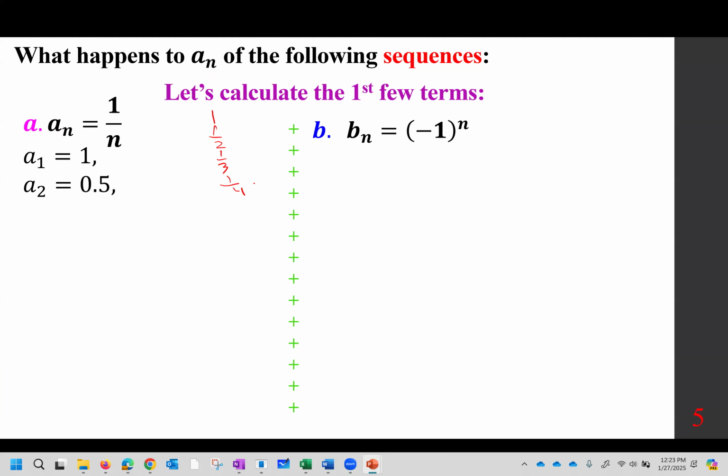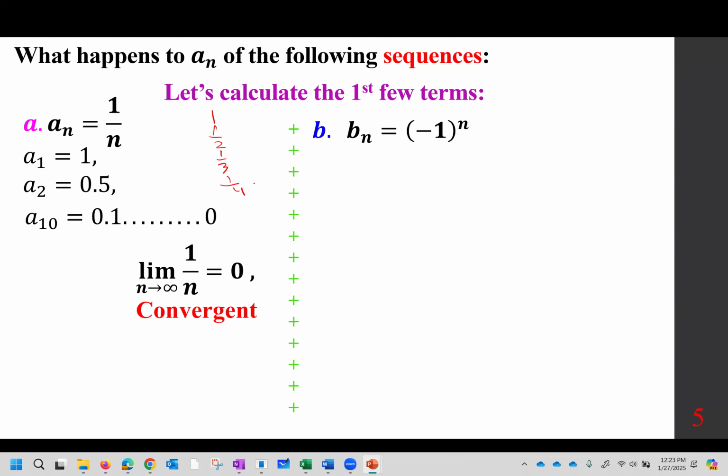By the way, 1 over 2 or 0.5 are the same, so it's getting closer and closer to 0. And we can observe that the limit of 1 over n as n approaches infinity is 0, and therefore it's convergent.